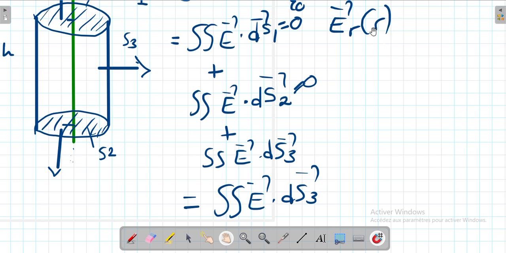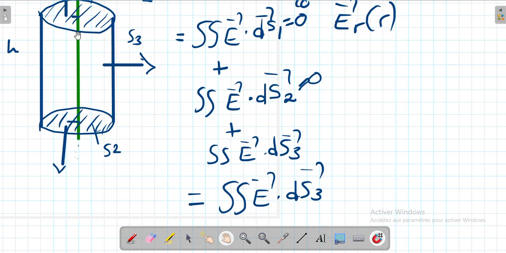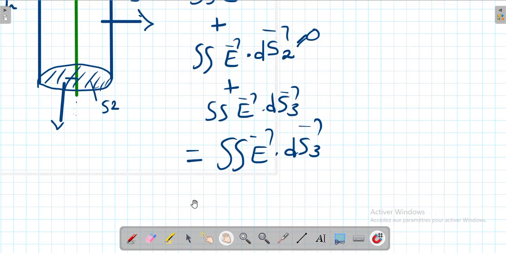This is why knowing the variable matters. Knowing the direction helps us know which dot products will be 0, but knowing the variable helps us take E outside, because on this surface the radius is constant. I mean, it's not 0. The distance from here to this surface is the same. So E always goes out, but we don't just take it out for nothing.